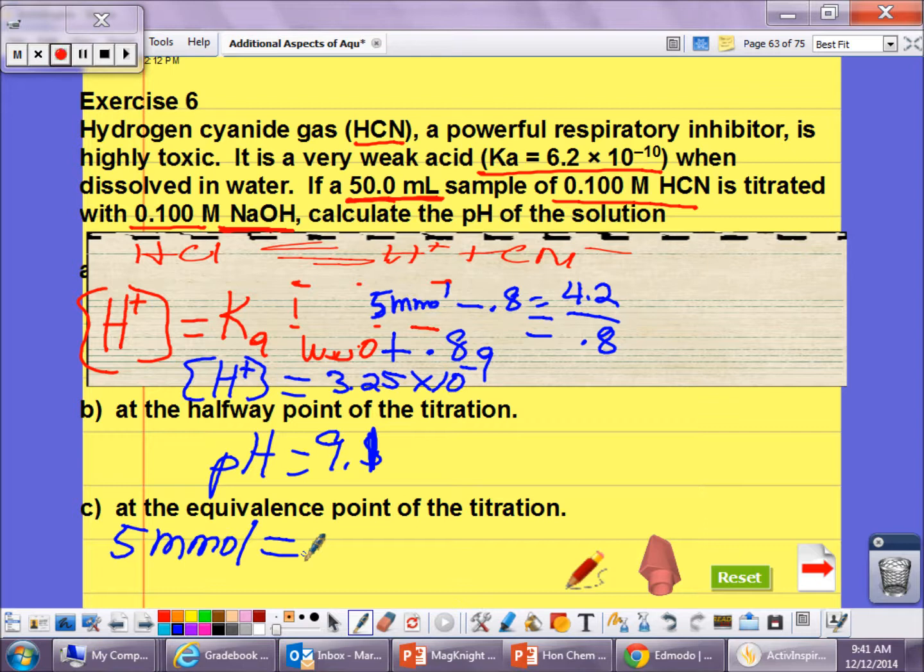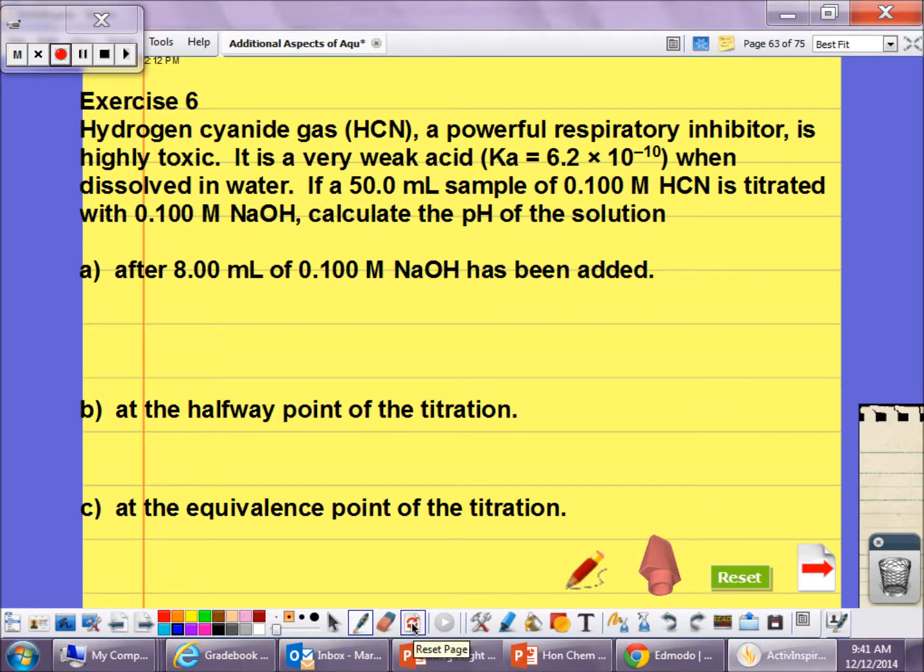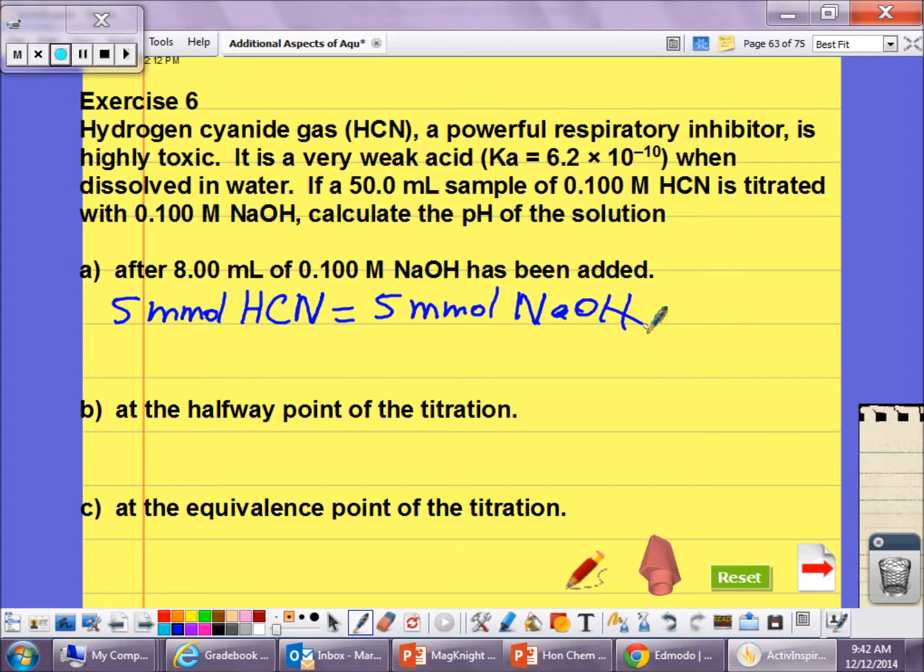Let me quickly write that equation. I think I'm going to reset everything because it's getting messy. So for letter C, we have used 5 millimoles of HCN and 5 millimoles of NaOH. If you write an equation, you have HCN plus NaOH yields sodium cyanide plus water.